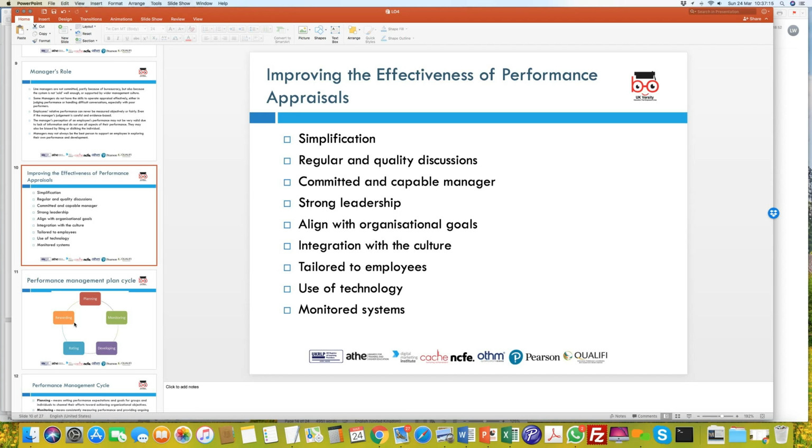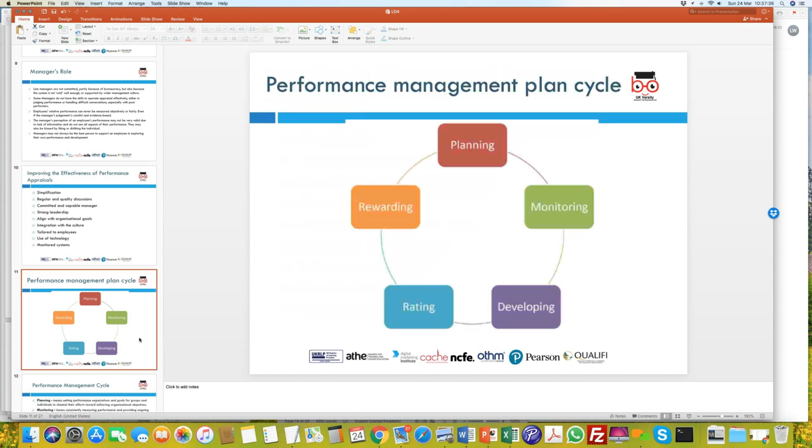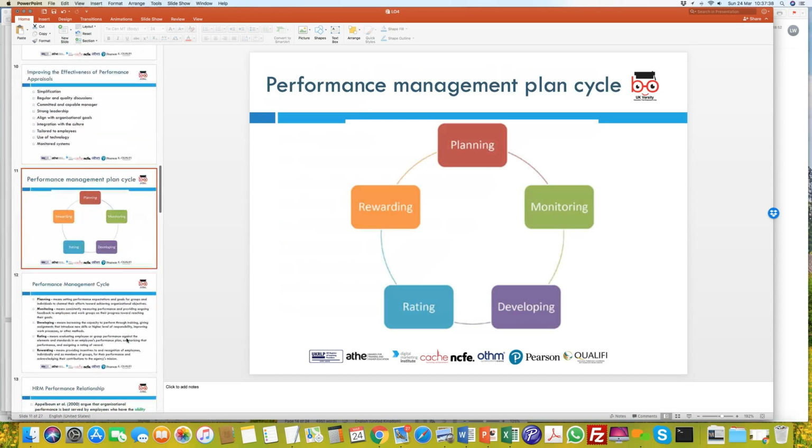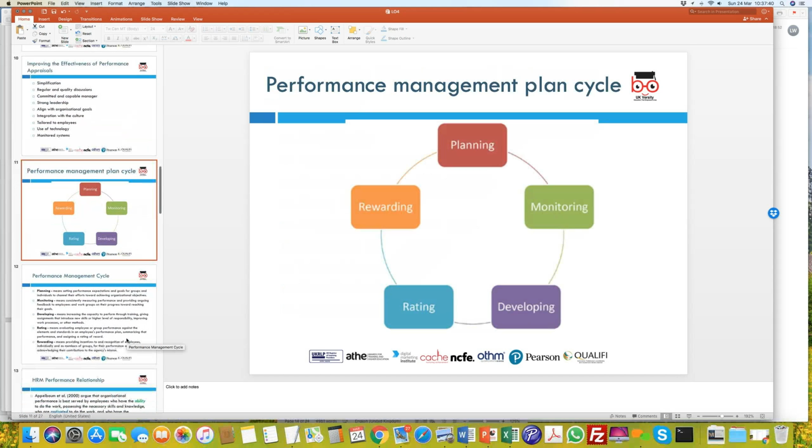When you look at supervisors or managers, they are given adequate training so that they have the opportunity to conduct performance appraisals. So as a cycle, they are given training primarily so that they understand the context of this cycle and how it needs to be done.